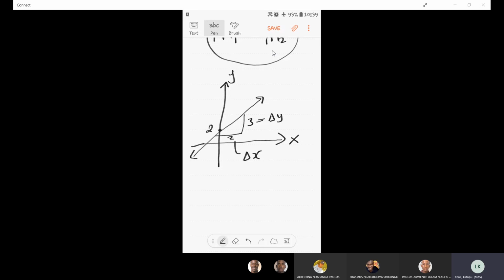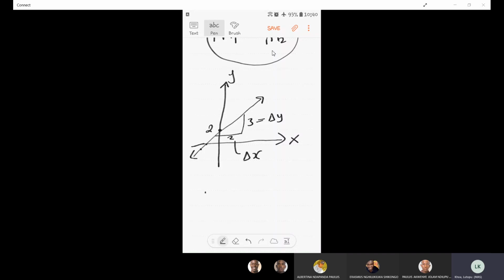So even if I pick these 2 points over there, when I work out delta y over delta x, I will still end up with 3 over 4. Okay, so it may be 0.3 over 0.4, but in its simplest form, it is still 3 over 4.